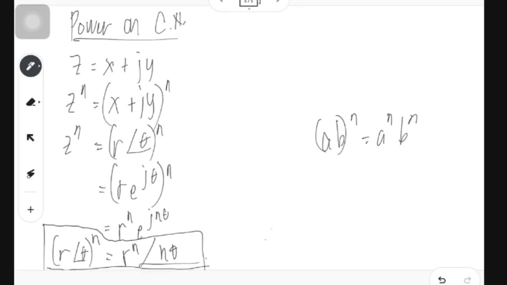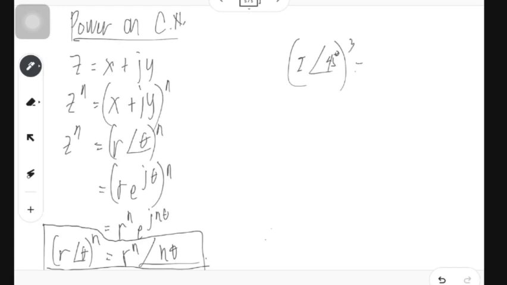If you're going to raise a complex quantity to a certain power, convert this into polar form. Then once it is in polar form, the rule is raise the magnitude to whatever the exponent, and multiply the angle by whatever the exponent. As simple as that. So, ibig sabihin, kung halimbawa binigay 2 bar angle of 45 degrees, i-raise natin sa third power.